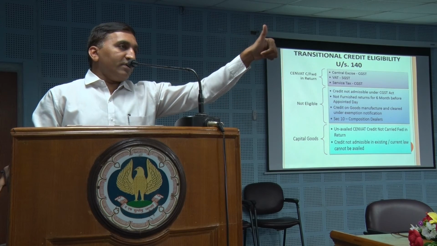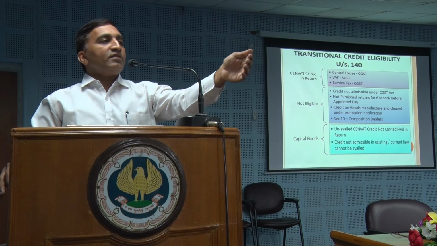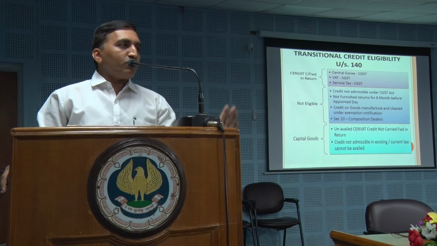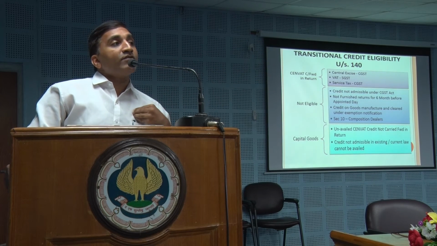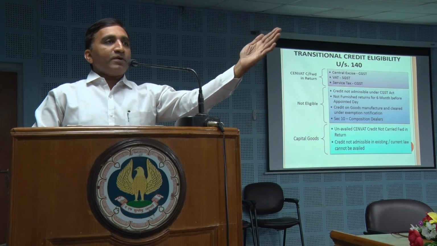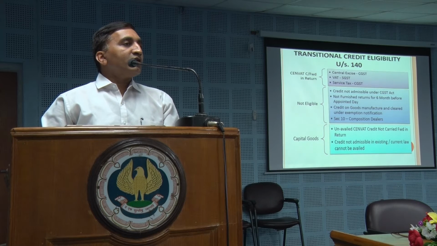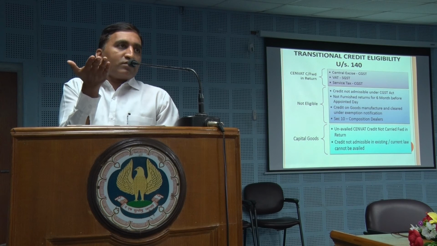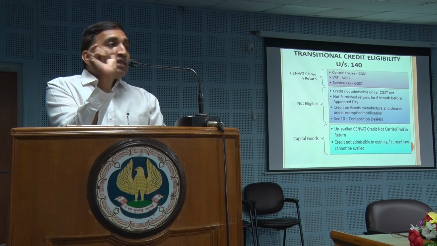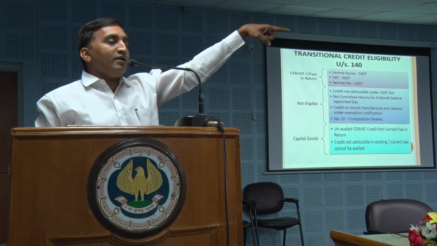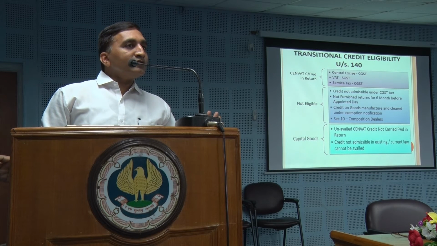So the first 50% you have claimed, say in April 2017, that is 62,500 rupees I have already claimed, or I might have claimed 30,000 also, or 40,000 also, but 50% I have claimed before 30th June. What about the balance 62,500? It is lying in my books of account, but it is not reflected in the return. This ITC which is not availed in my return, that credit I can claim in the TRAN 1 form. Is it clear? Any doubt?